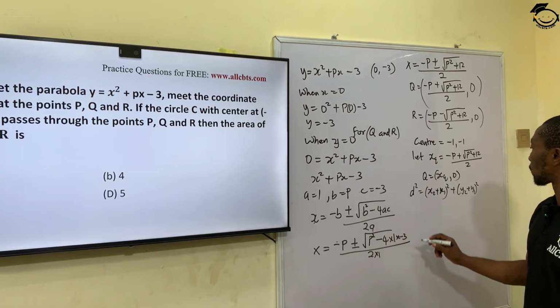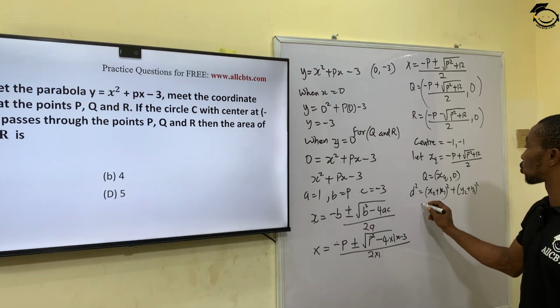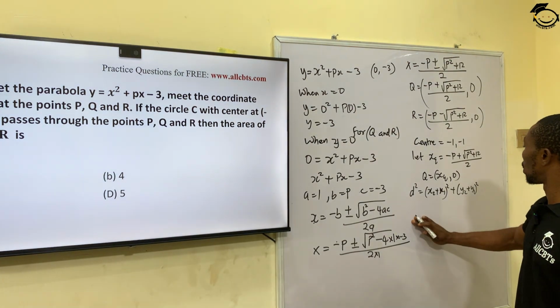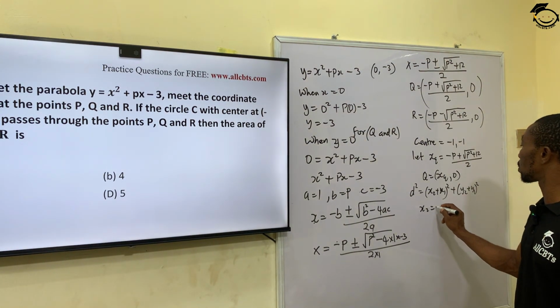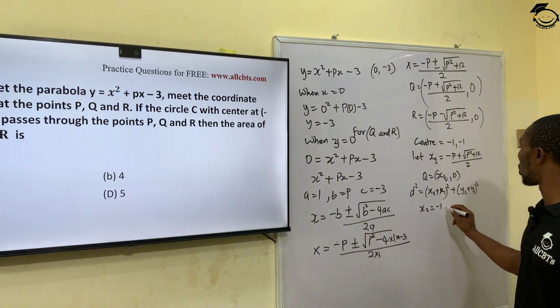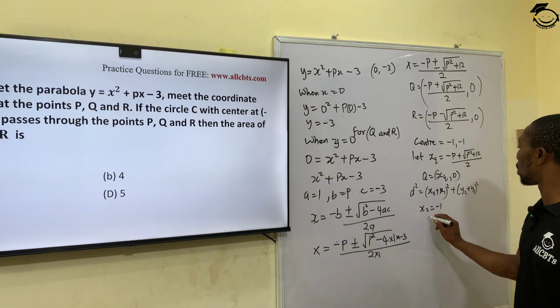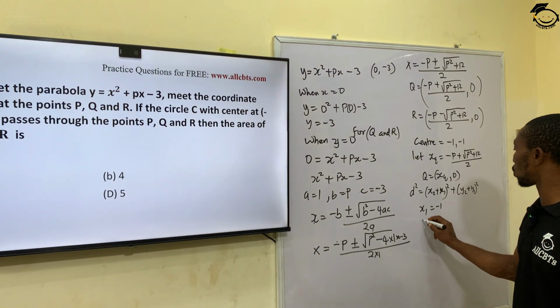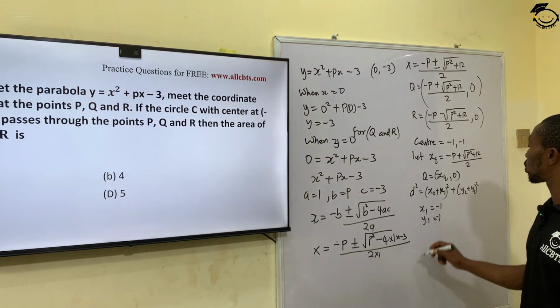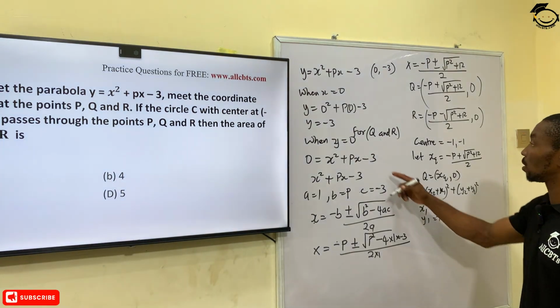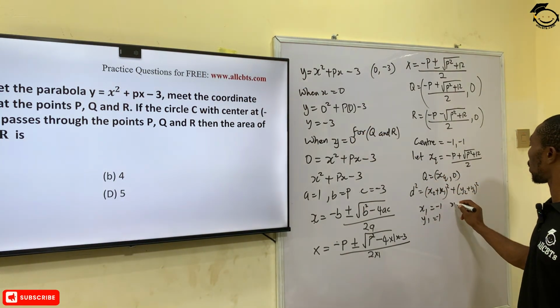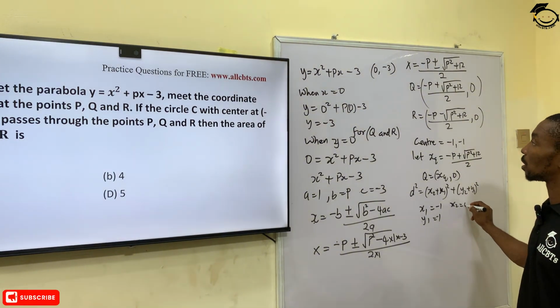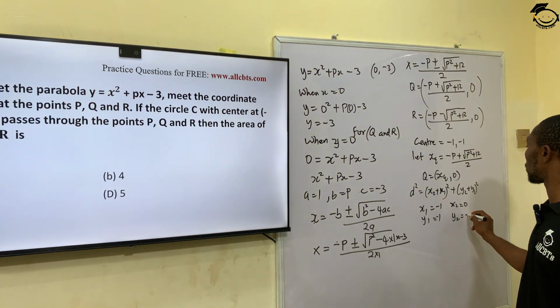Here, x1 is minus 1 and y1 is minus 1, which is our center, and we are using x2 as 0 and y2 as minus 3.